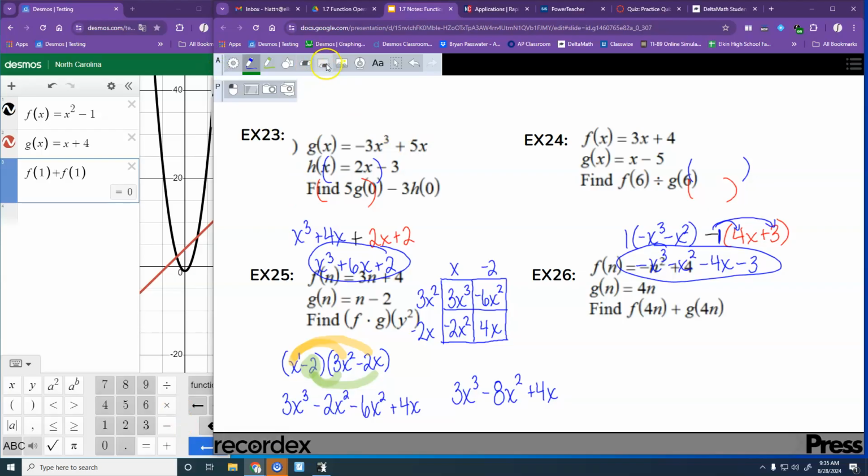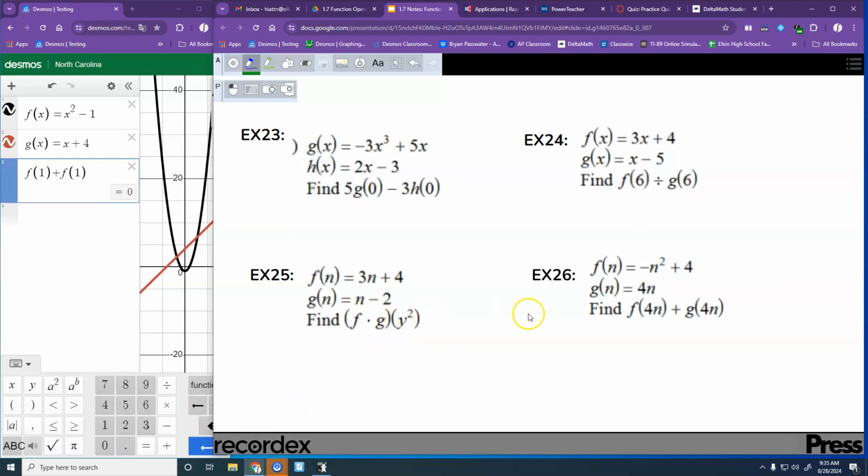And let's see. I don't think we'll do these. Oh, wait, we do need to do one like maybe number 25. Okay. 23 and 24 just have numbers, so they're like the ones we were doing. You can type those in Desmos if you want. 25 you cannot type into Desmos because it's got this y squared here. So what this is saying is that you're doing f of y squared times g of y squared.